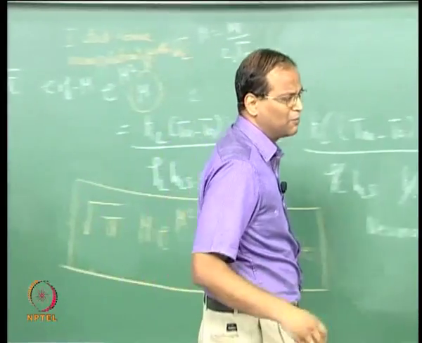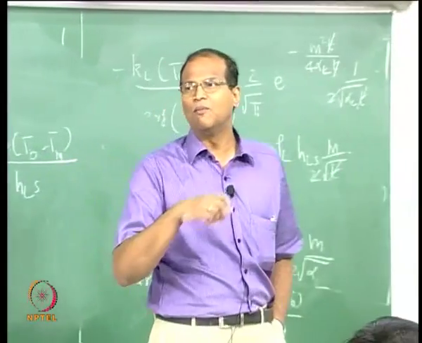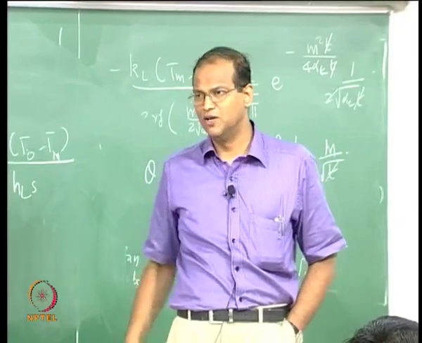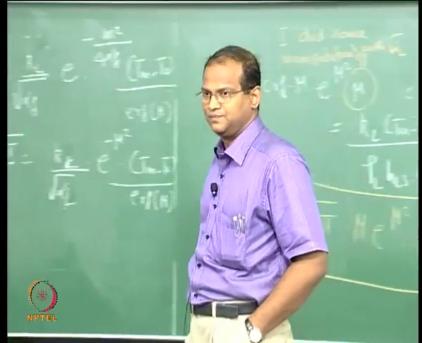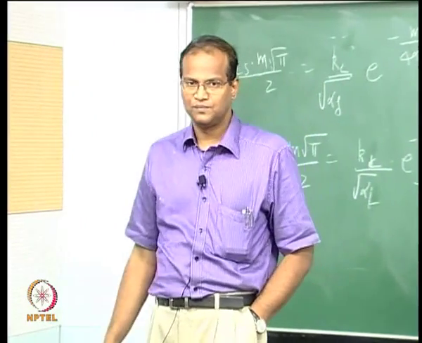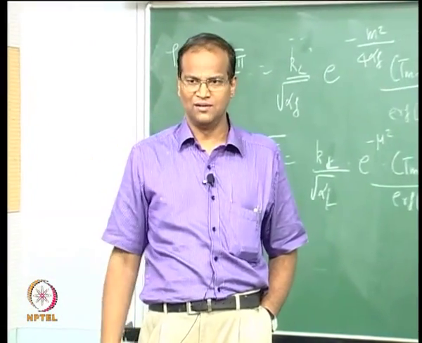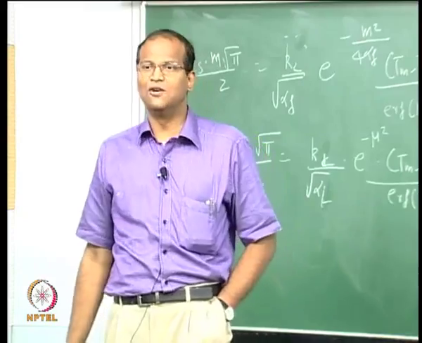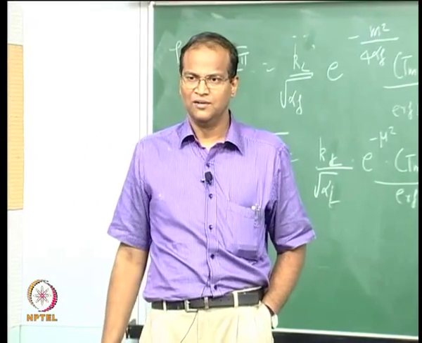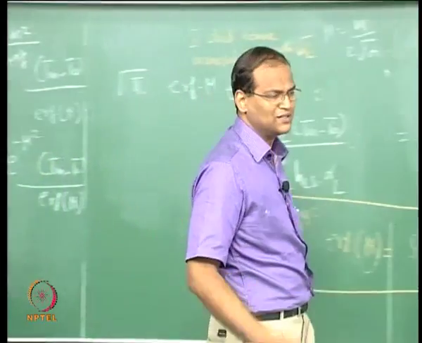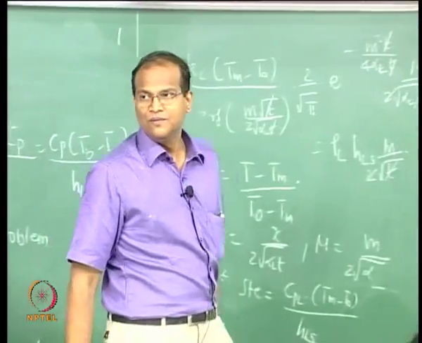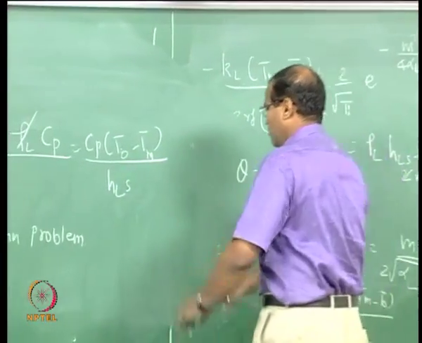So there is something called the subcooling parameter. The Neumann problem is more general than the Stefan problem, and more difficult to solve. The whole body is not at Tm when you start, it is at a lower temperature, it has to be heated to that and then it will start melting. So you have to consider conduction both in the liquid phase as well as in the solid phase. Okay, that is the Neumann problem.